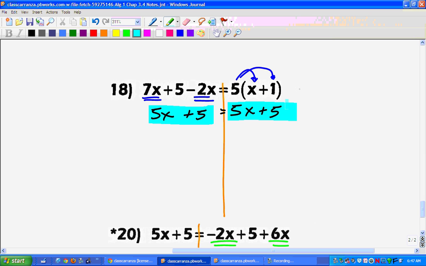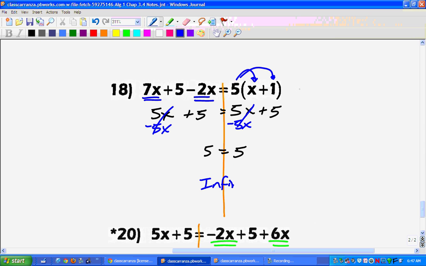Now you can kind of tell right now that those are the same things. Okay, now I'm going to move my variable on the right. Ooh, and both of those end up canceling, and we get 5 equals 5. And this is when we can say infinite solutions.